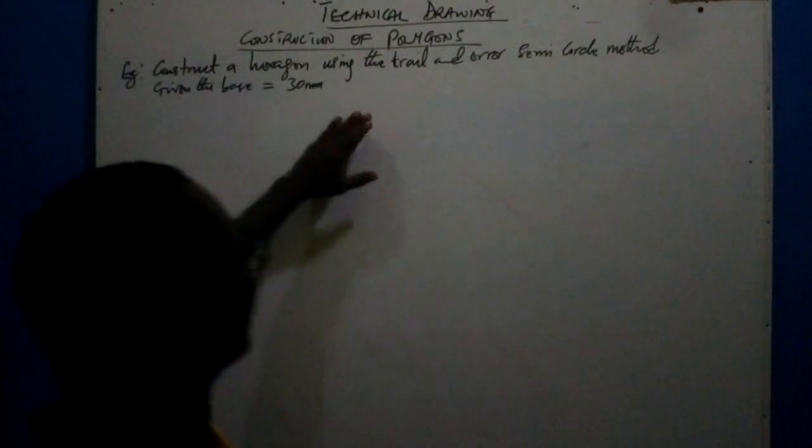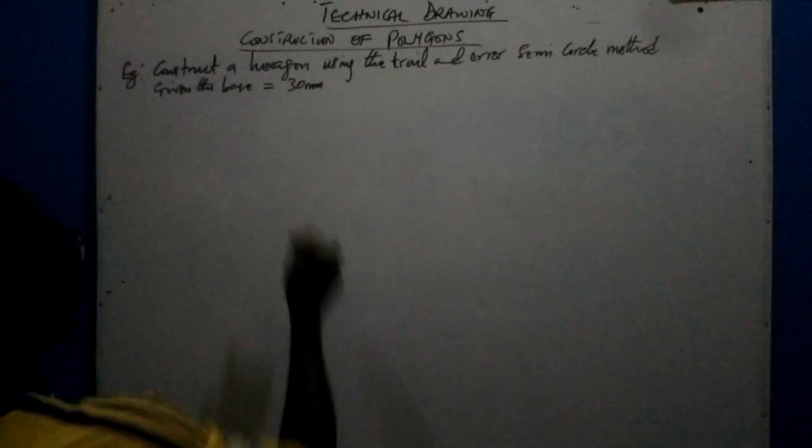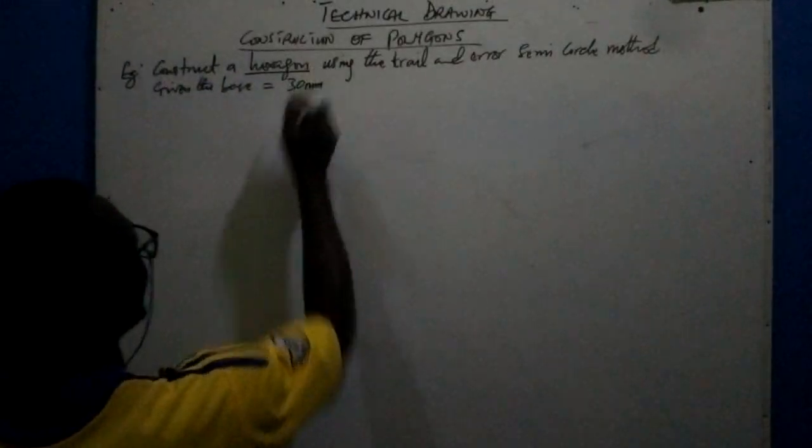Assuming this method is being given to you, how do you construct it? Now, before you can construct any polygon using this method, you should know the size of that polygon that you are constructing. They say we should construct a hexagon, and a hexagon has how many sides?